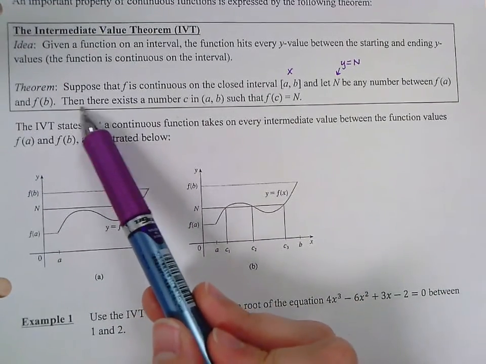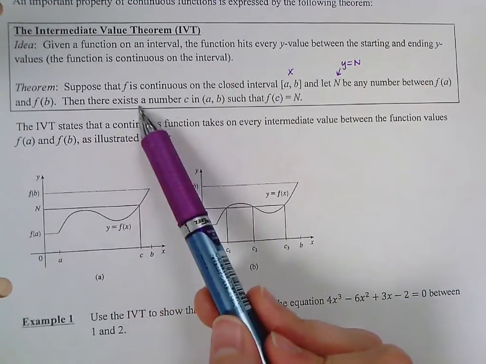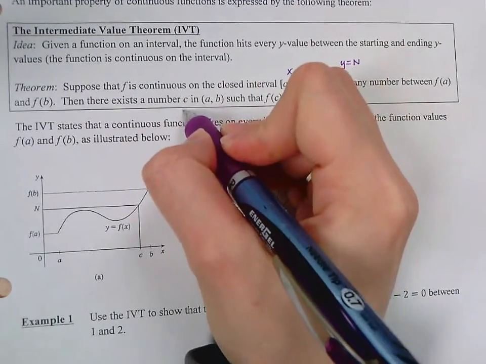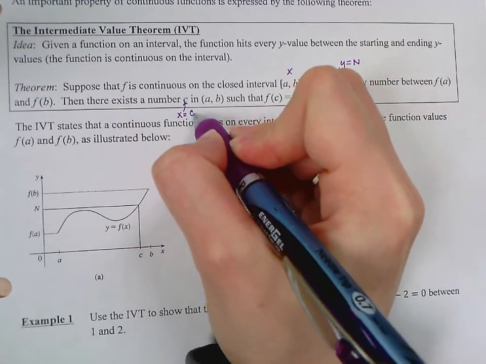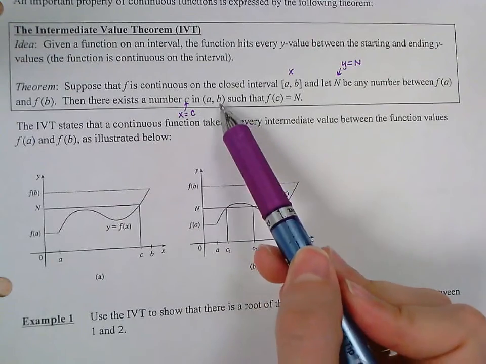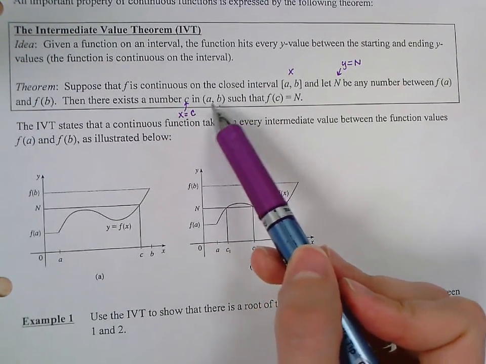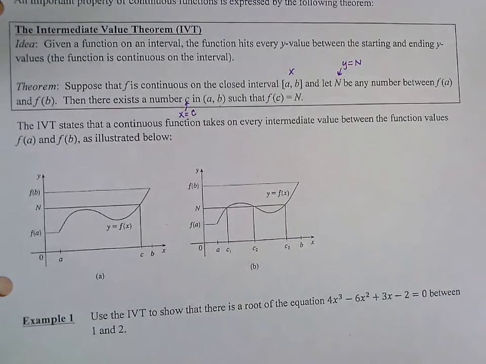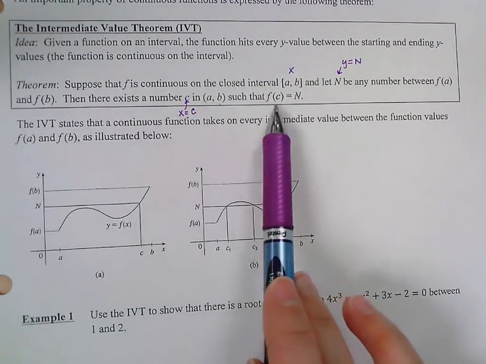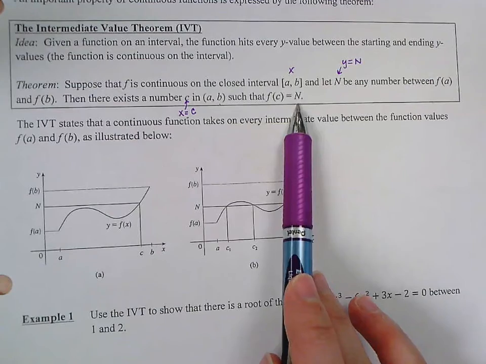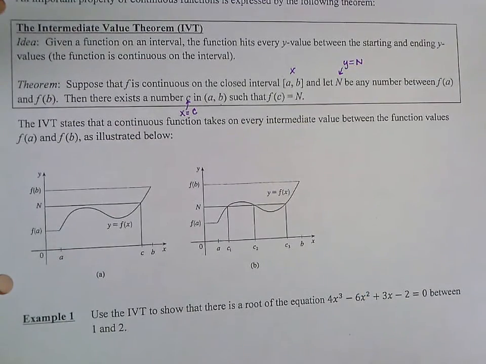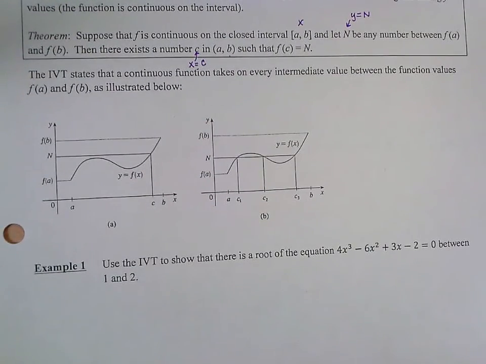And then here's the conclusion. Then there exists a number c, so c is an x value, in the open interval from a to b, meaning c can't be one of the endpoints. It has to be in between a and b, such that f of c is equal to n. I know the wording might be confusing, but try to understand this idea because of continuity.